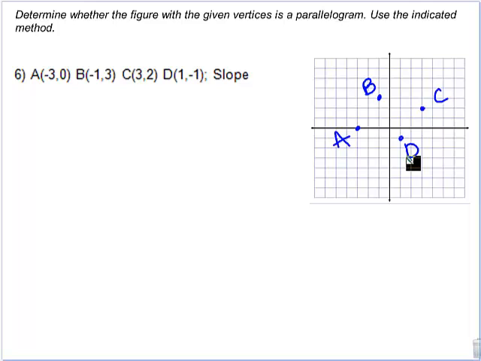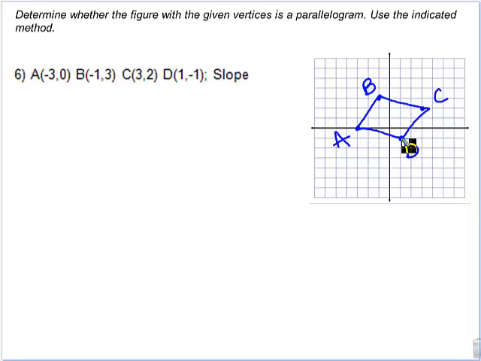Okay, so this would be determine whether or not it's a parallelogram using the slope. So tell me what you know about slopes and parallelograms. Okay, tell me what you know about parallel lines and slopes. Yes, parallel lines have the same slope.